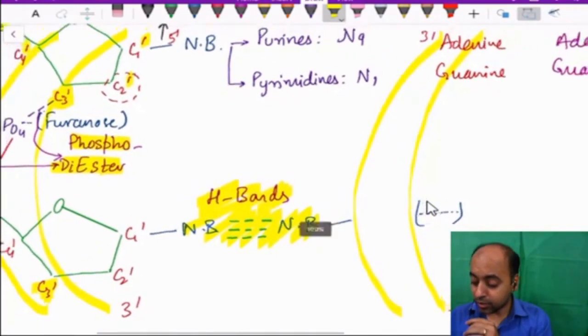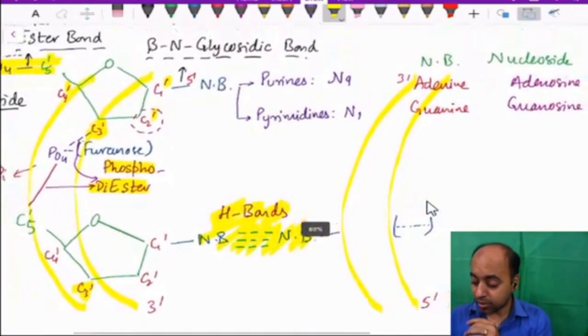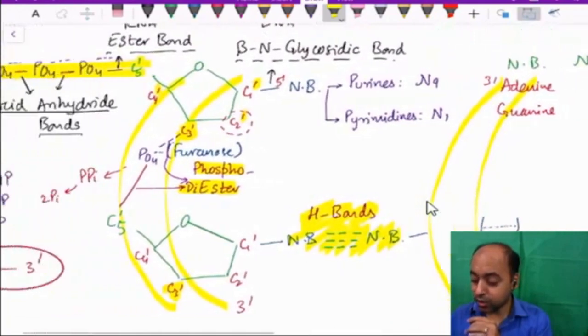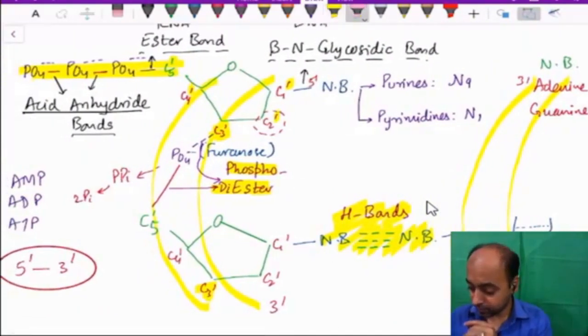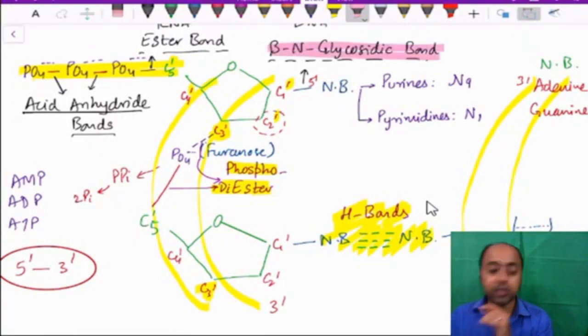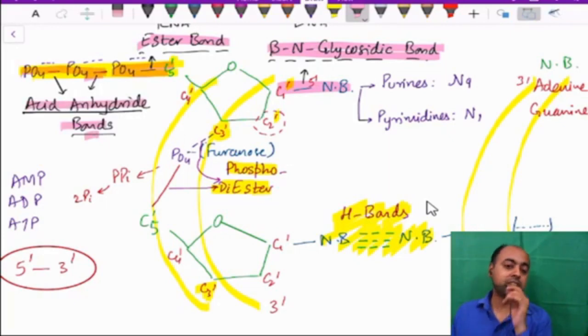Alright, so I'll quickly summarize the different bonds that you get to see in a nucleic acid. We started with the beta glycosidic bond, which is seen between the sugar and the nitrogenous base. Then we have the ester bond, which is seen between the sugar and the first phosphate, followed by the acid anhydride bonds, which are seen between the second and the third phosphate. Second, third phosphate, when they are released, will give us a large amount of energy.